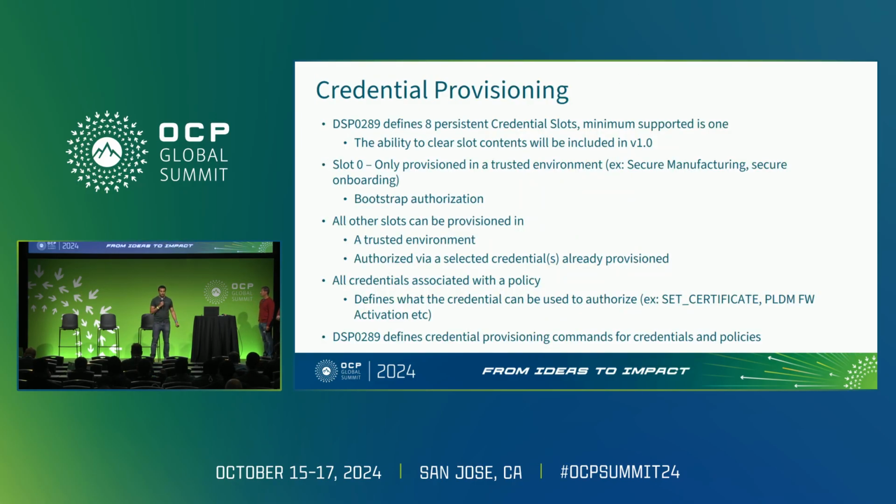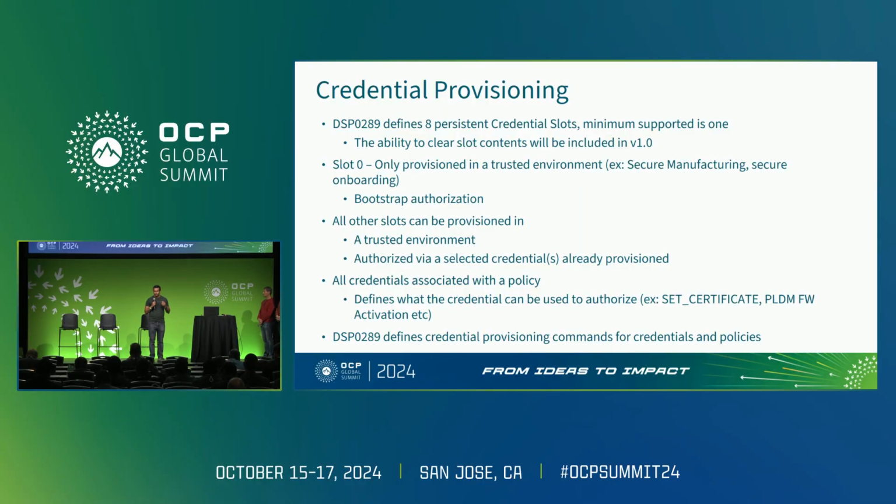Okay, so we saw how to use the authorization flows, but for authorization to work, obviously we need to first provision the credentials, as we mentioned before. What the spec does is define 8 persistent credential slots. Folks familiar with SPDM would draw parallels to the 8 certificate slots. Just for interop, we say that we need 8 persistent credential slots, and you at least have to use 1.